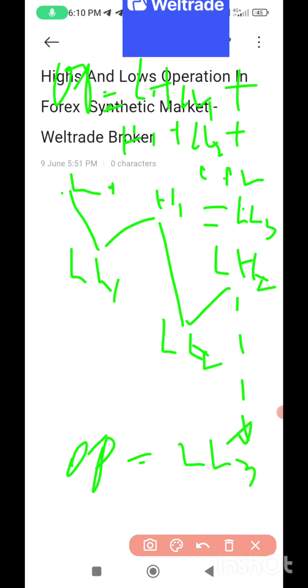Okay, so by merely looking at these mathematical operations, you know that a seller is going to be profitable in this scenario than a buyer. So when we have our LL3, we can only look for sell, right? But we cannot sell on LL3. We only sell on L hash 3, but that's cool.